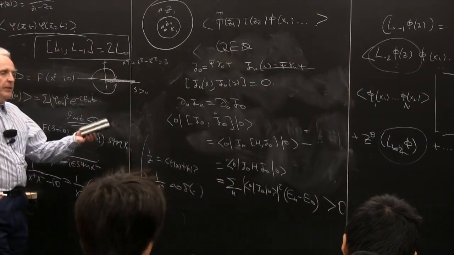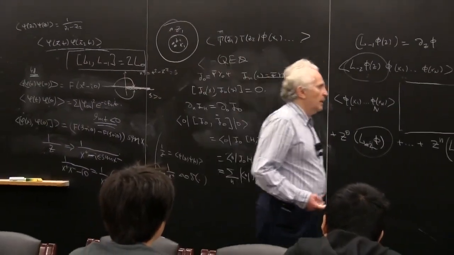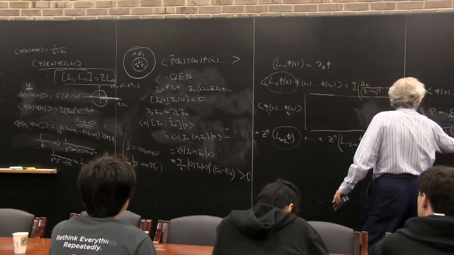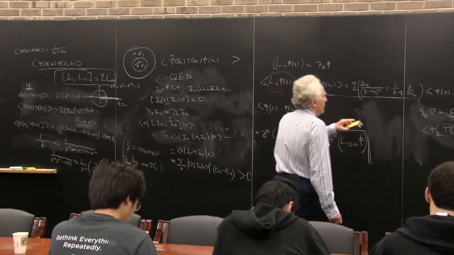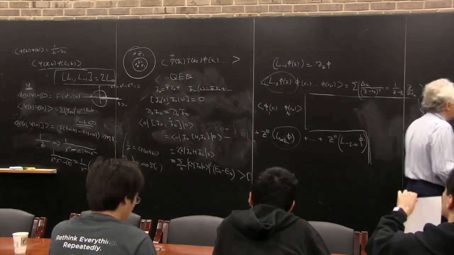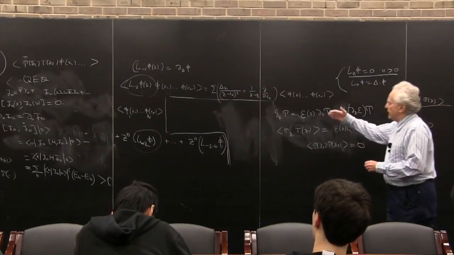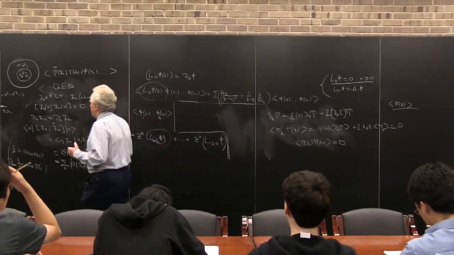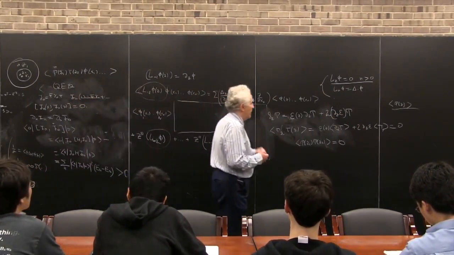So positivity of norms implies that it is non-zero here, and it also implies, more or less in the same way, that it cannot be zero here. So we conclude that the energy momentum tensor, the basic object, is in fact a descendant operator.